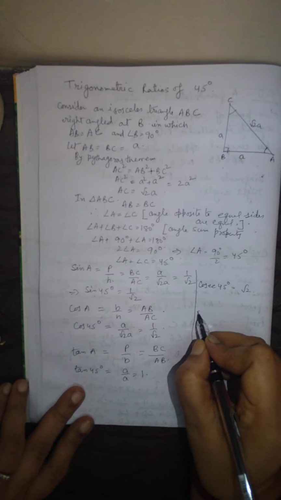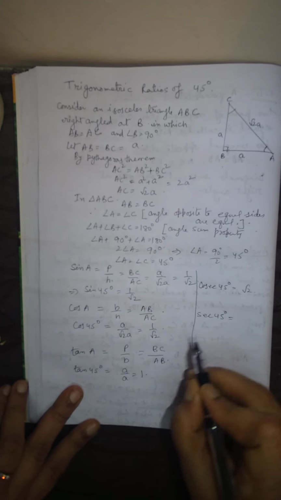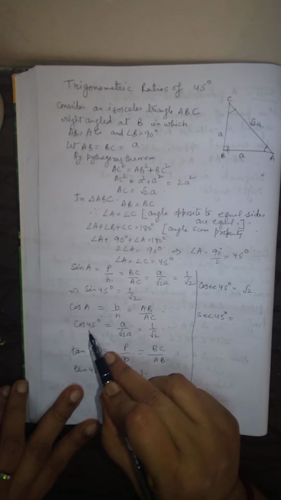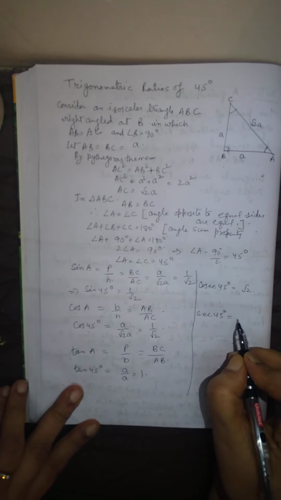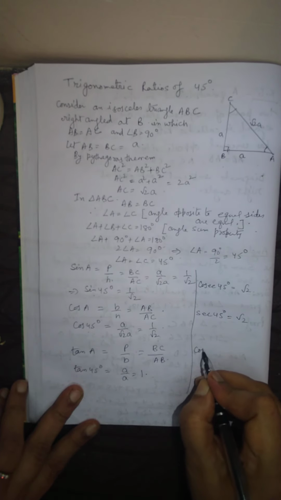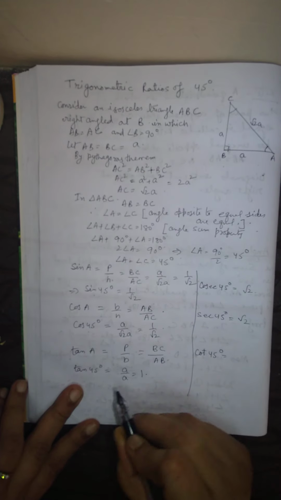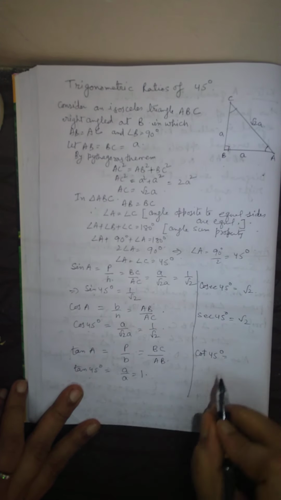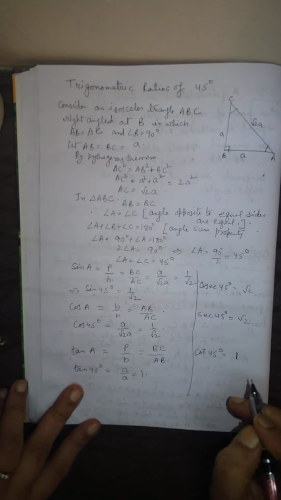Now sec of 45 equals the reciprocal of cos 45. So what is the reciprocal of 1 by root 2? That is root 2. And cot 45 equals the reciprocal of tan 45. So the reciprocal of 1 is 1.